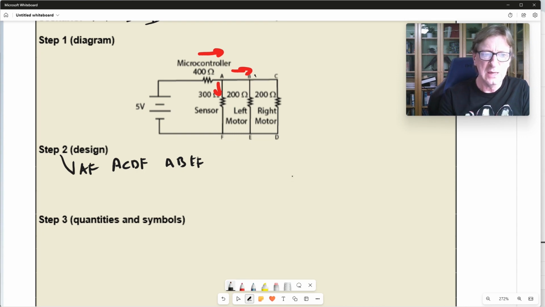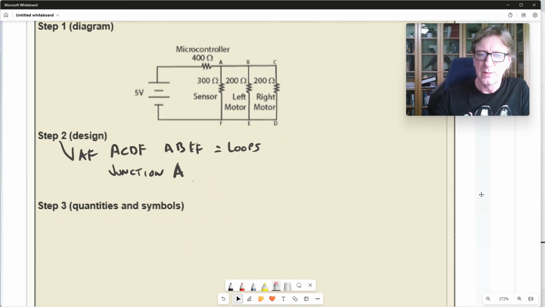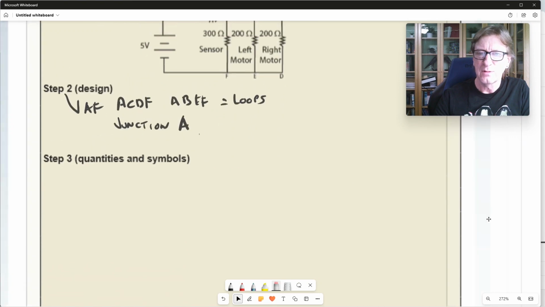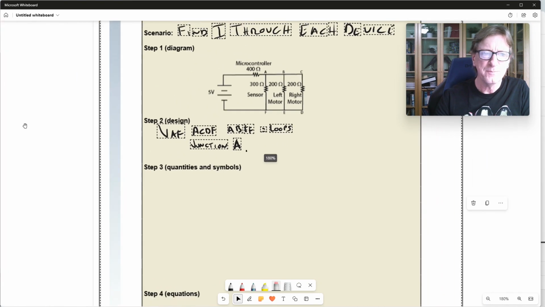So we will use the junction at A. So these are going to be loops, and this will be my junction. All right, so that's basically how I'm going to set it up. I'm going to set up all of the equations and then I'll be able to solve all of this that I want.